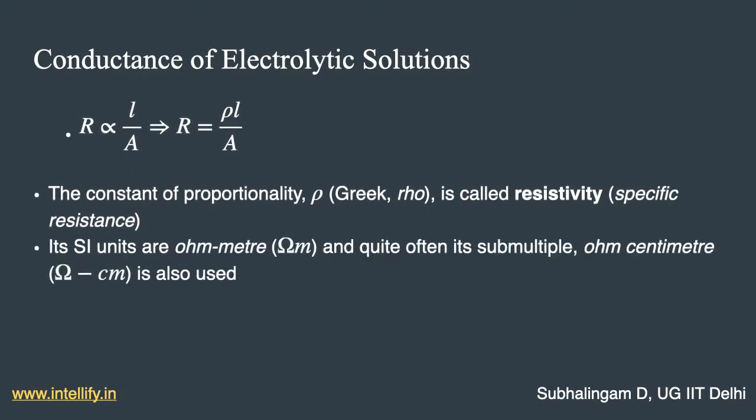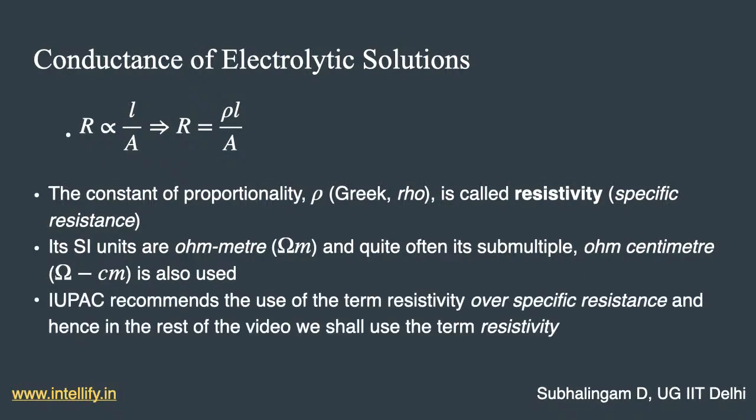The SI units are ohm meter, and quite often its submultiple ohm centimeter is also used. IUPAC recommends the use of the term resistivity over specific resistance, and hence in the rest of the video we will use the term resistivity. Even in the textbook they use the term resistivity more often than specific resistance.